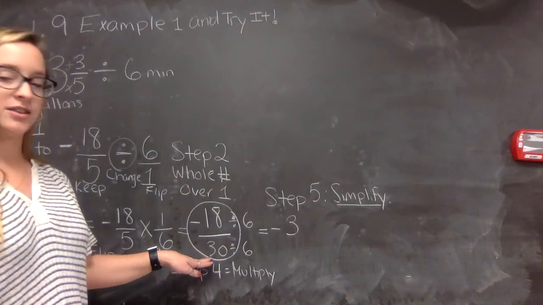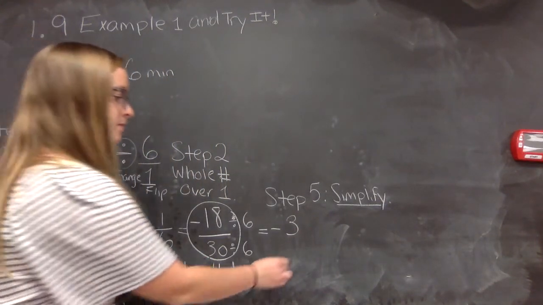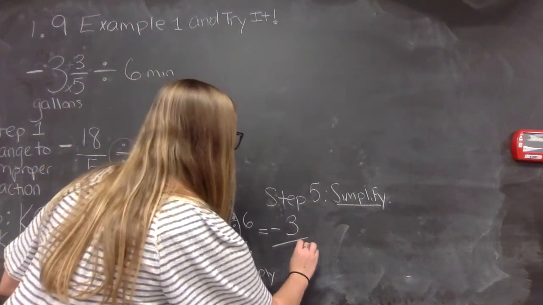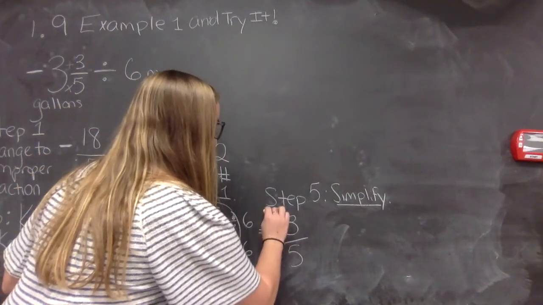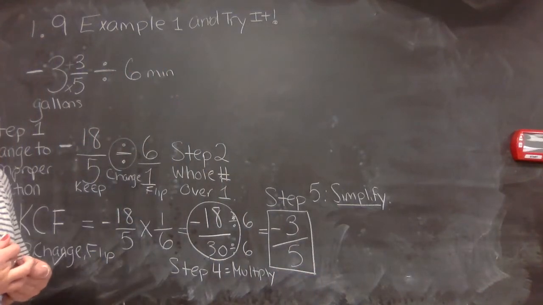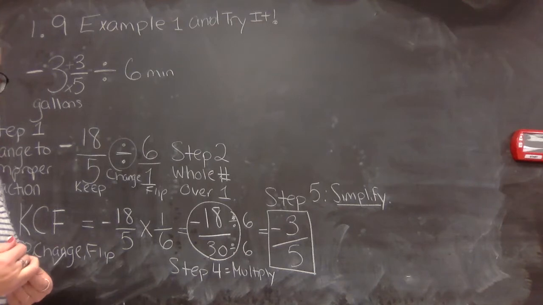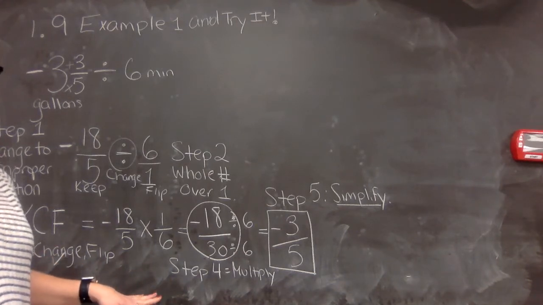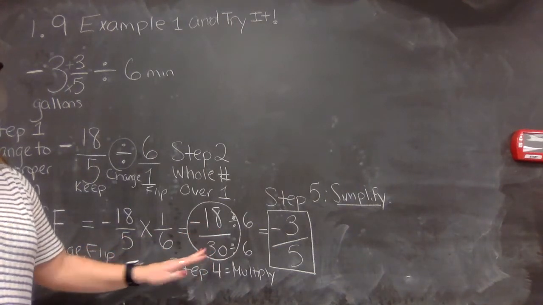And if I divide 30 by 6, I'm going to have 5. So -3/5 is my smallest and simplest fraction after I take 6 out of 18 and 6 out of 30.